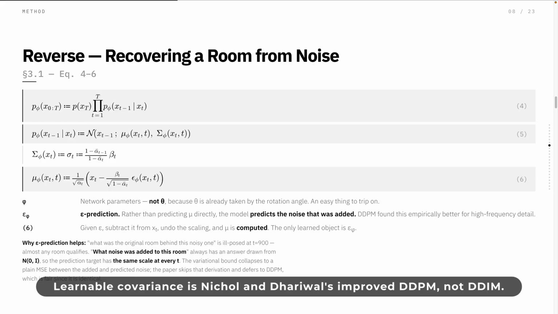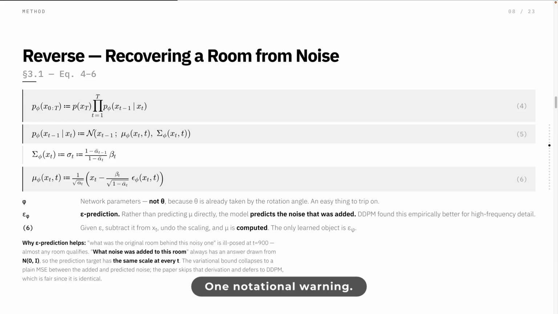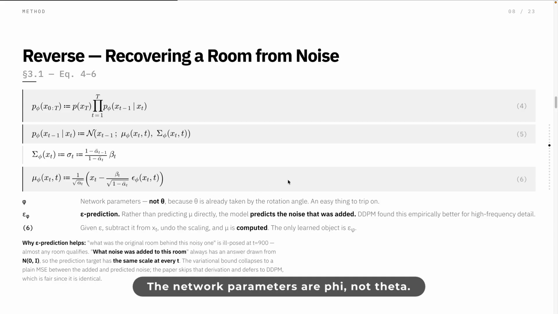Learnable covariance is Nichol and Dhariwal, improved DDPM, and DDIM. One notational warning: the network parameters are pi, not theta. Theta is already taken by the rotation angle.